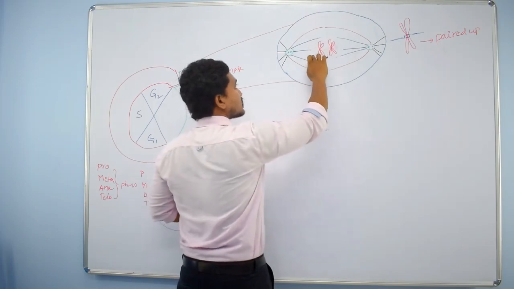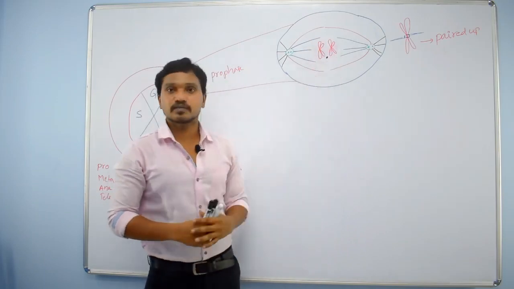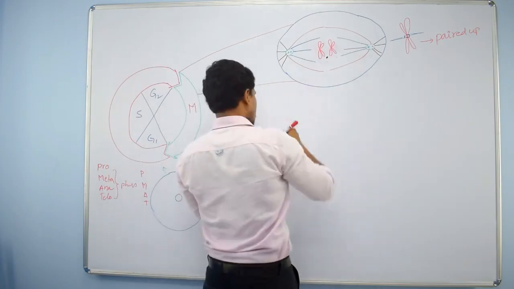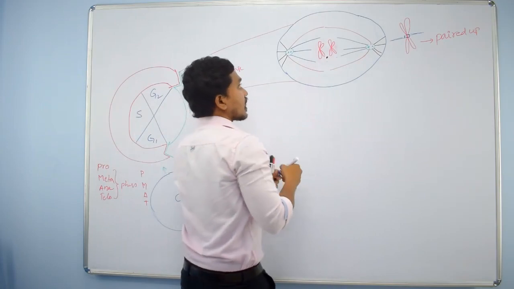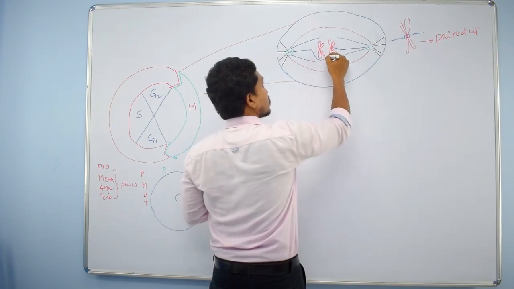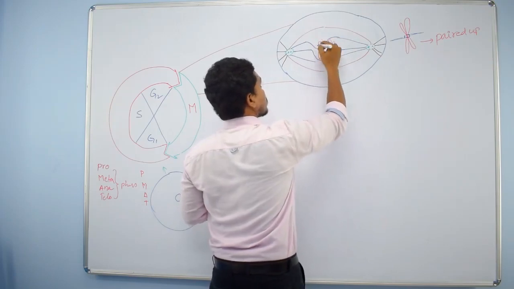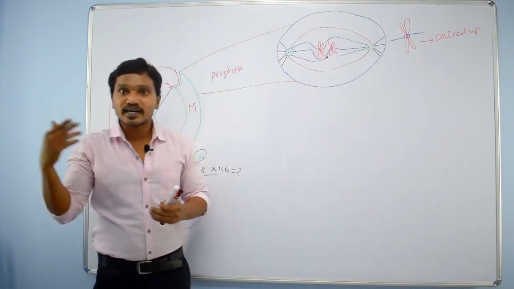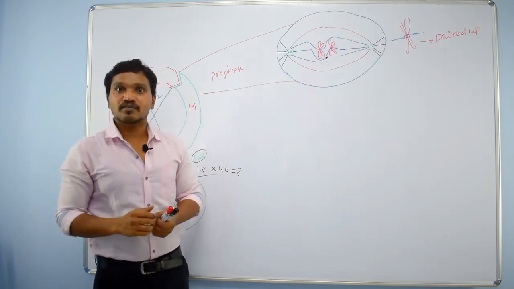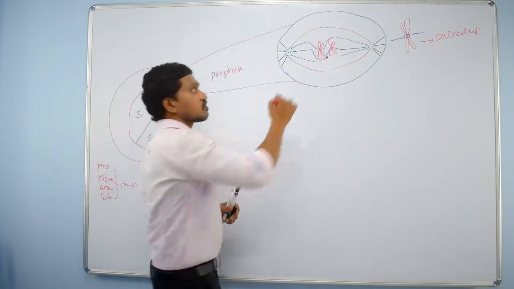Once the nuclear envelope disappears, these kinetochore microtubules enter into the nuclear space and attach to the kinetochore, right. So they are going here and attaching to the kinetochore. Of course, in some algae and fungi, the nuclear envelope will not disappear. It will just be present like that.